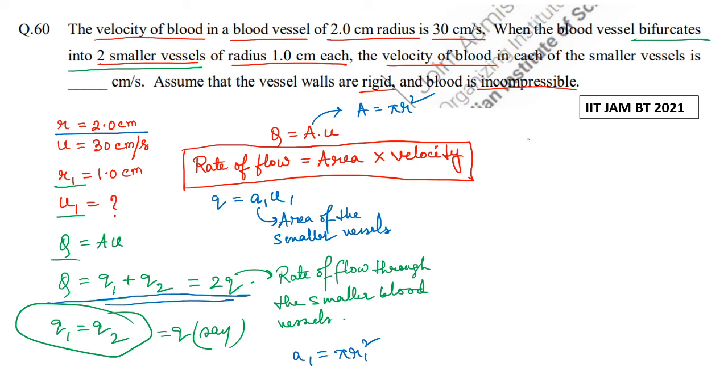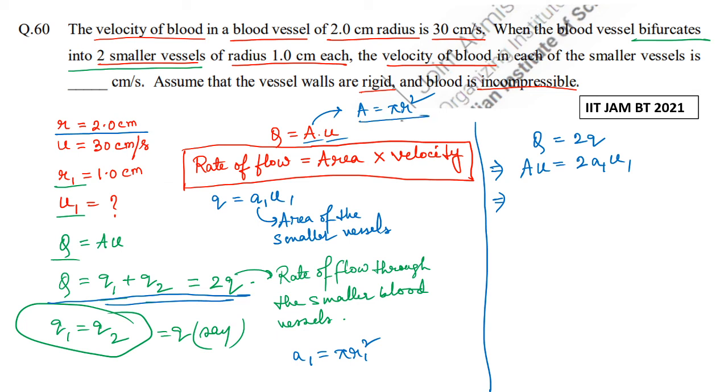we can write capital Q equal to 2 small q. In case of capital Q, we can use capital A times u, that is equal to 2 times A1 times u1, right? Now in case of A, we can use pi R square.